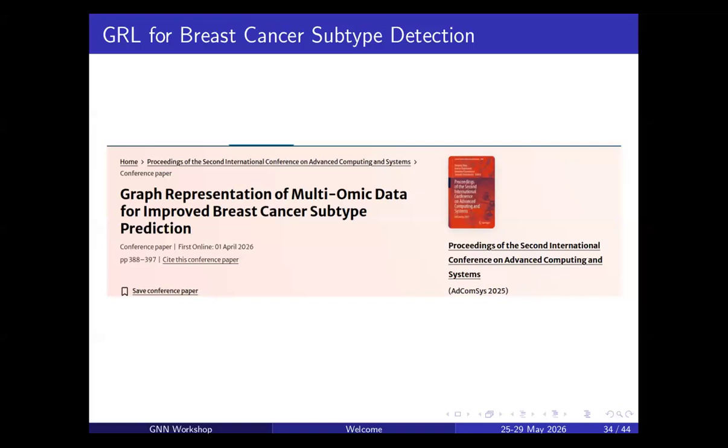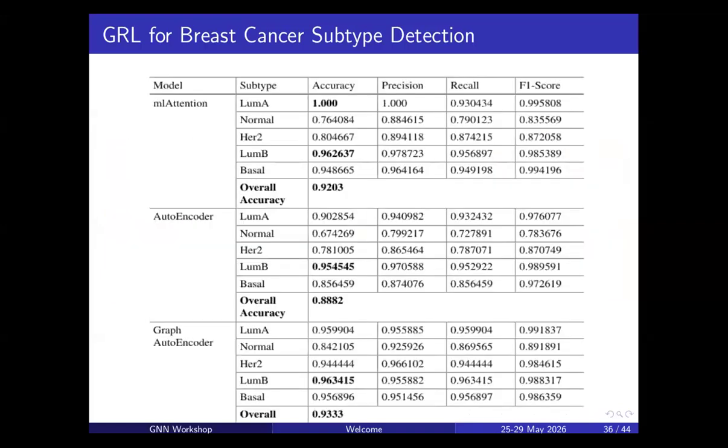So the problem here is, you know what breast cancer is. Clinically, breast cancer data is divided into majorly five subtypes: luminal A, luminal B, normal, HER2, and basal.